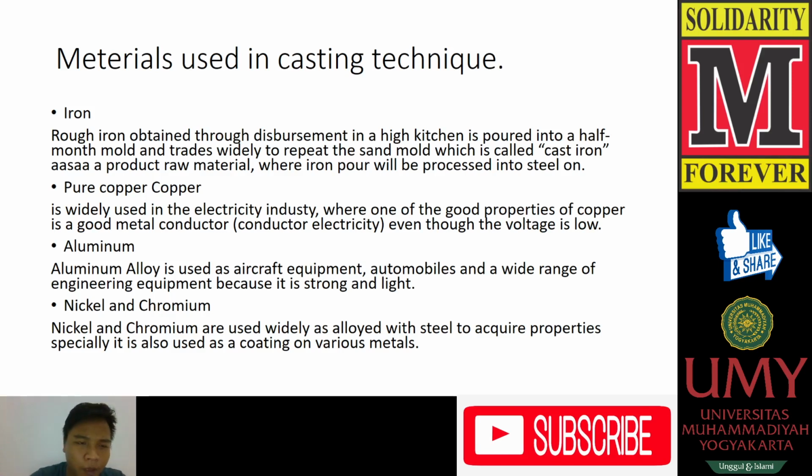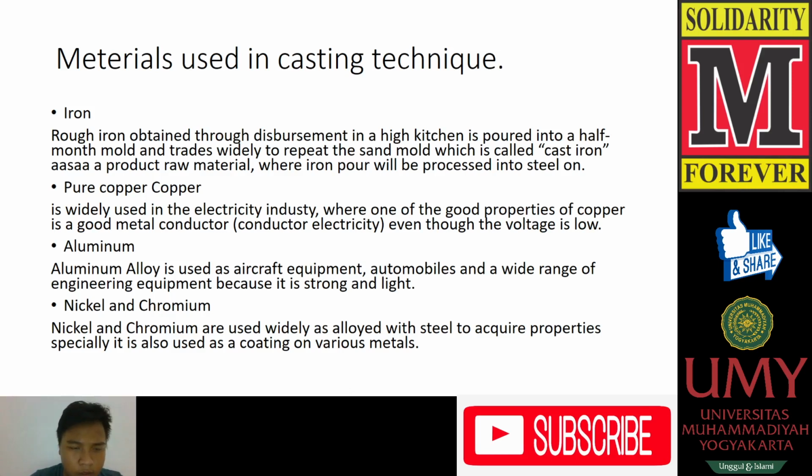Pure copper is widely used in the electricity industry, where one of the good properties of copper is that it is a good metal conductor of electricity, even though the voltage is low.